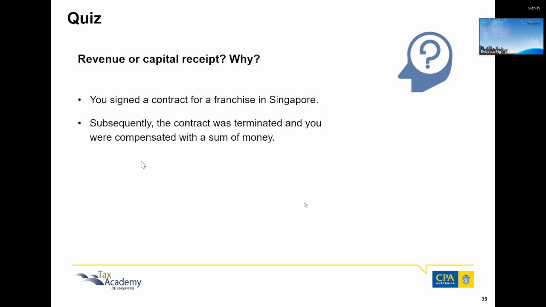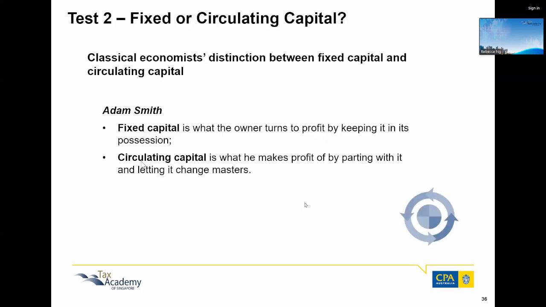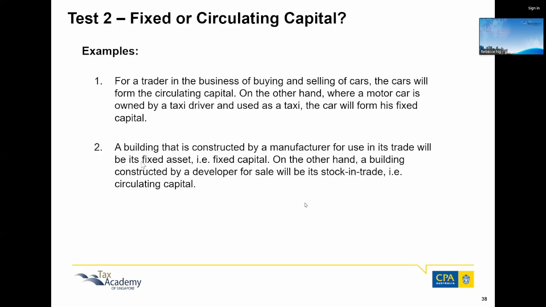I'm repeating this because there's a chat requesting to repeat this. Are there any other questions regarding income, capital receipts?